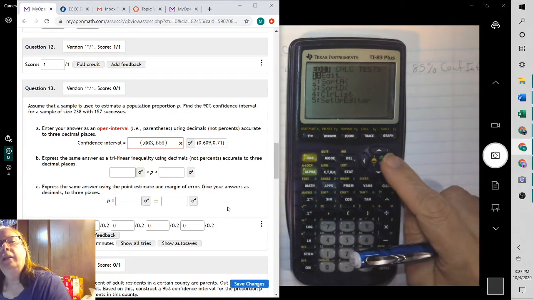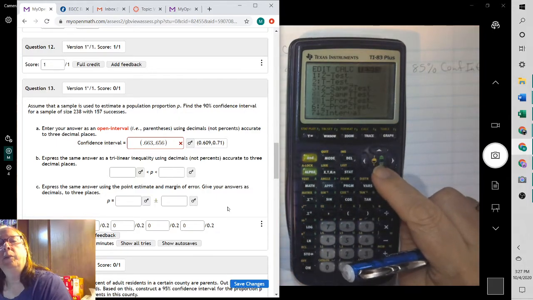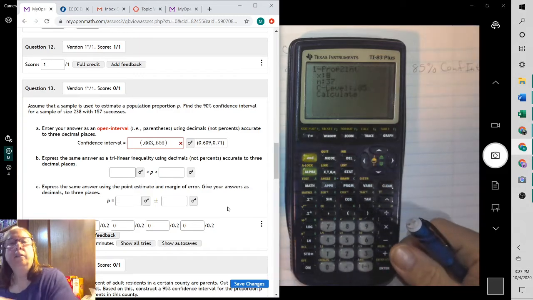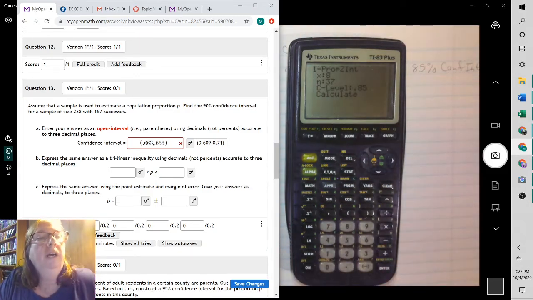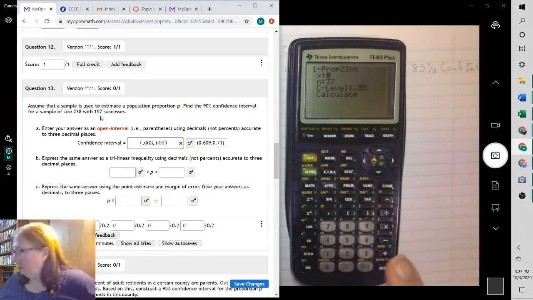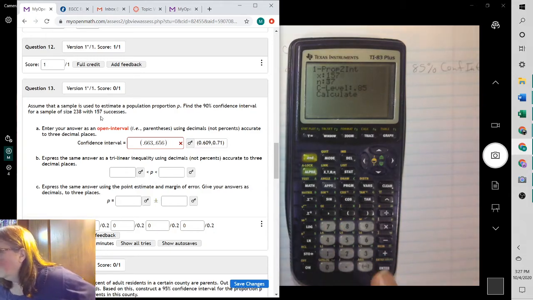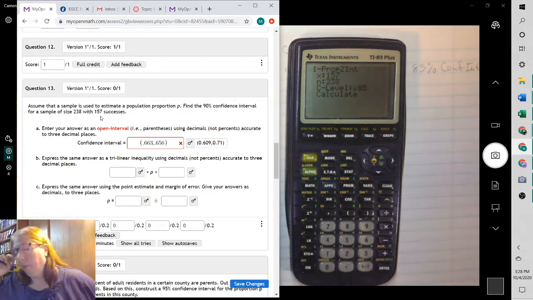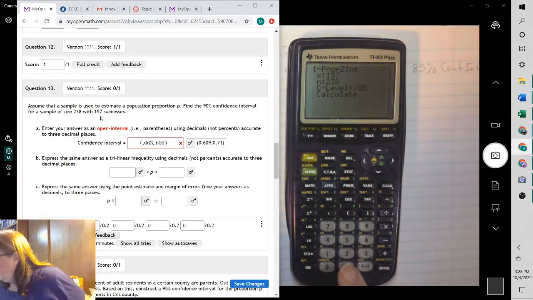So stat, test, it's a proportion. Right there. Now the X value, 157 successes. The total amount was 238. Confidence is 90. And calculate.